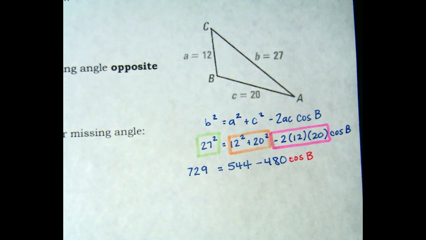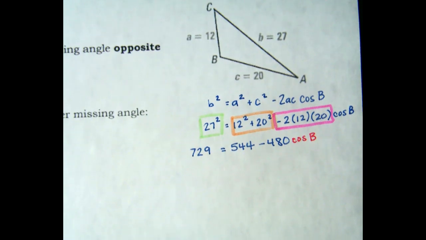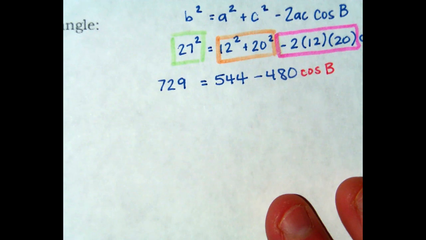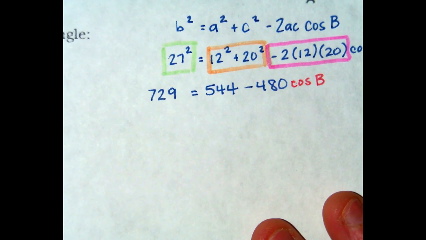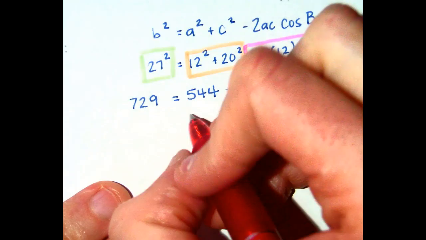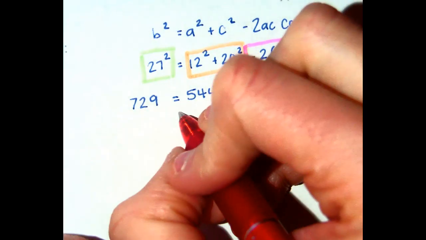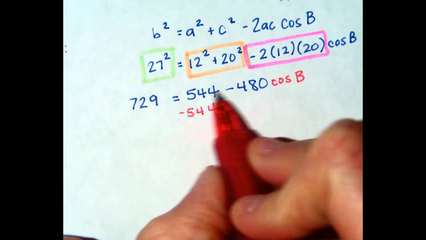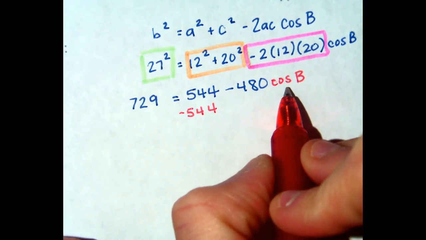I need to get cosine of B by itself. It's almost like your variable. It's your x, basically. This is a two-step equation. What do I need to do to get cosine of B by itself? Subtract 544 first. It's like saying this is a number minus 480x.